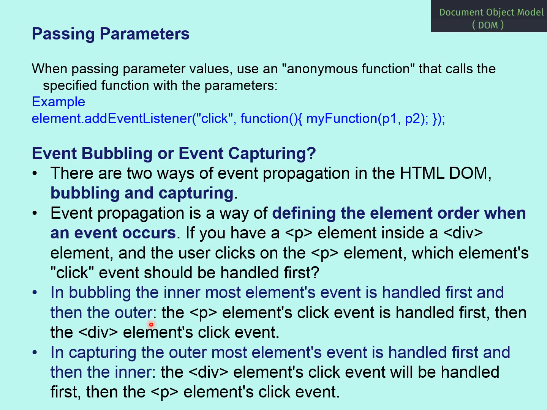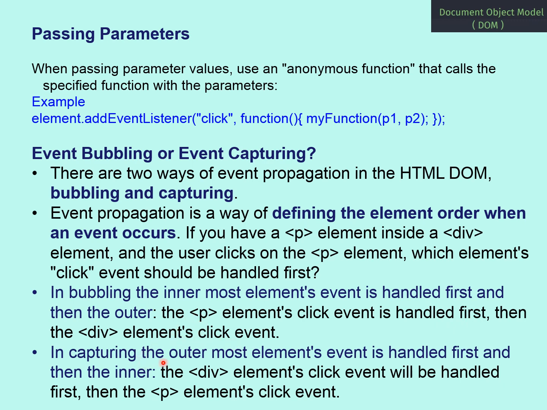So whenever I click on p, the p's event handler will be invoked first, then comes the div. So the p element's click event is handled first, then the div element's click event. That is the context of bubbling.